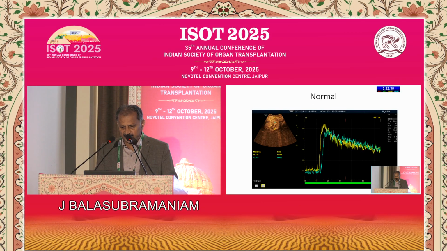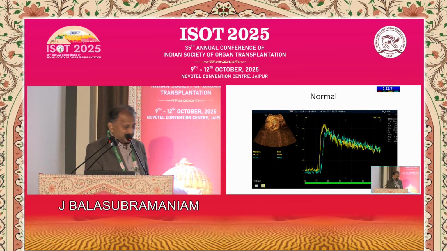So this is a normal one, and this is the normal time intensity curve, and what I do is I take samples in both the vessel, somewhere in the segmental artery or somewhere near the hilum, and the tissue as peripheral as possible, and immediately you'll get both the values like this.